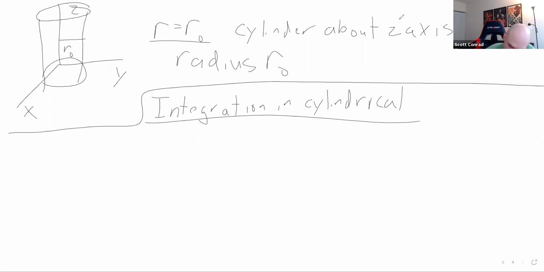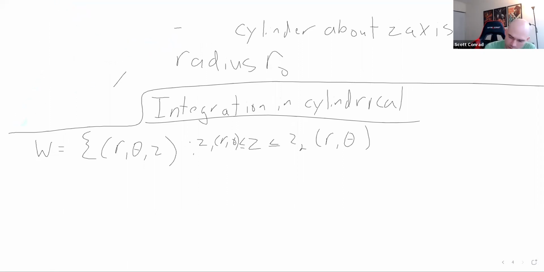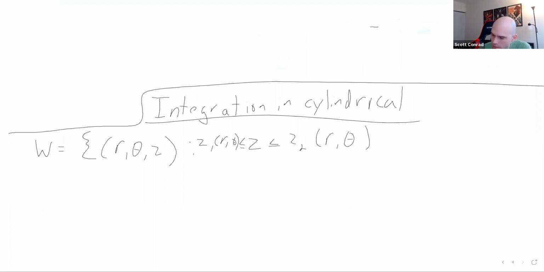Suppose the region W, in cylindrical coordinates, we could describe as the set of all points (r, theta, z) such that z is going to lie between z1 of r theta and z2 of r theta.